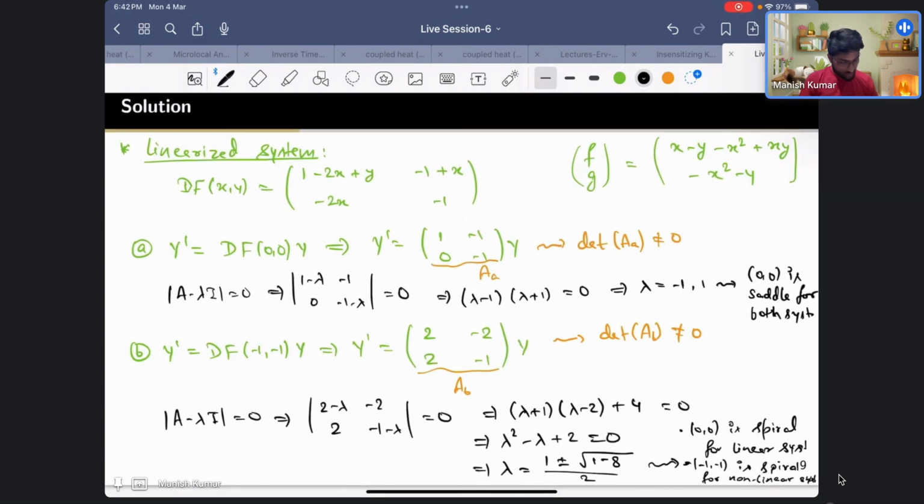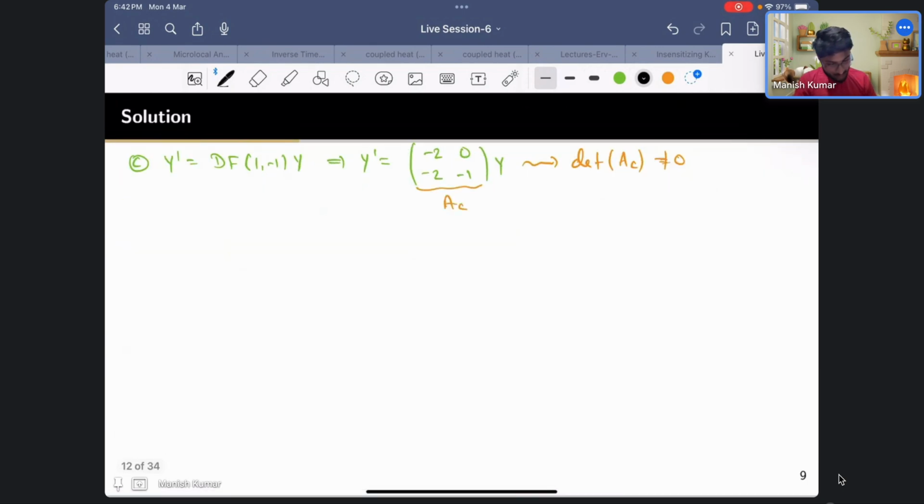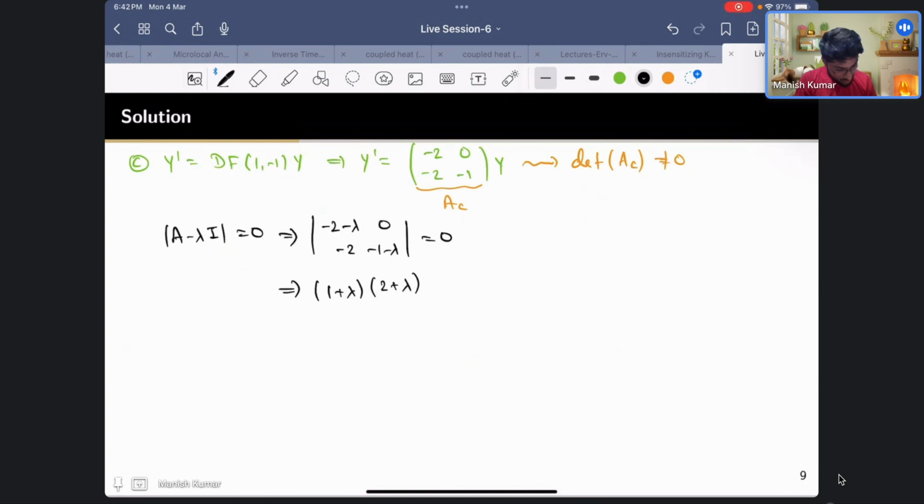Okay, so this is what we can conclude for this system. In the C part, if you do A minus lambda equal to 0, this would mean 1 plus lambda, 2 plus lambda equal to 0. So here you have lambda equal to minus 1 and minus 2. Again, here the eigenvalues are real and distinct and of the same sign, right?